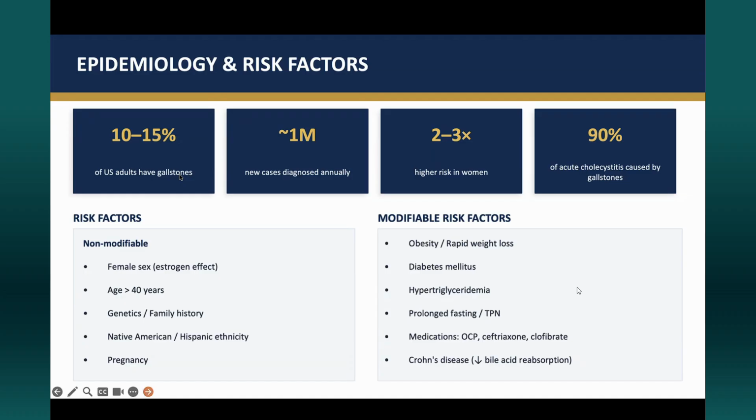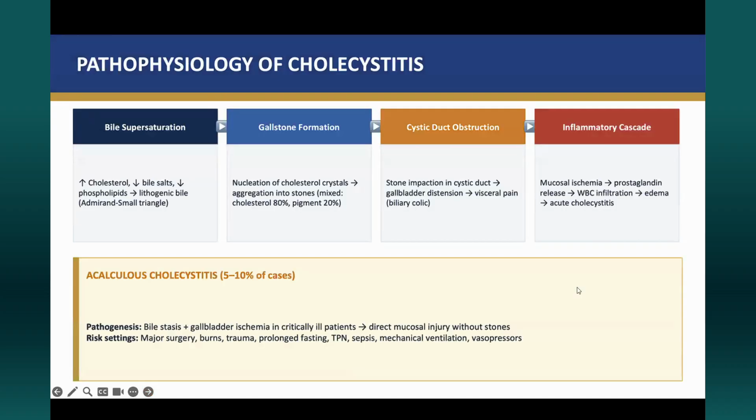Now, you have now the cause of cholecystitis. This then tells us that there are some patients who actually develop those related to such. And this is actually increased cholesterol, decreased bile salt, supersaturation.